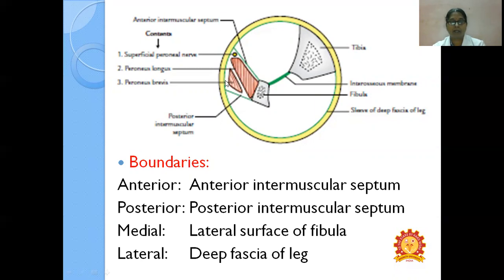In any compartment, what are the contents? It is muscles, vessels and nerves. So these are the boundaries: anteriorly it is the anterior intermuscular septum, posteriorly it is the posterior intermuscular septum, medially the lateral surface of the fibula, whereas laterally it is the deep fascia of the leg. So this is the lateral compartment of the leg.